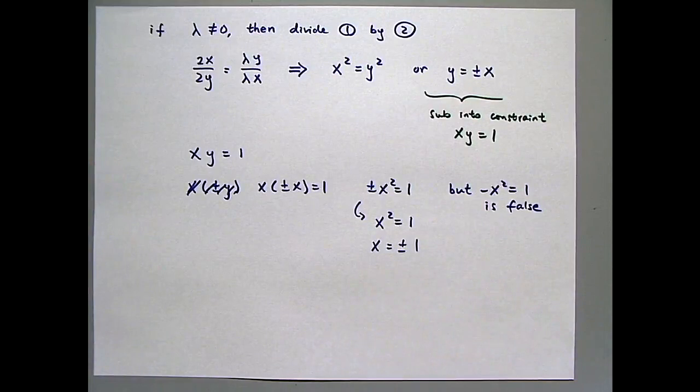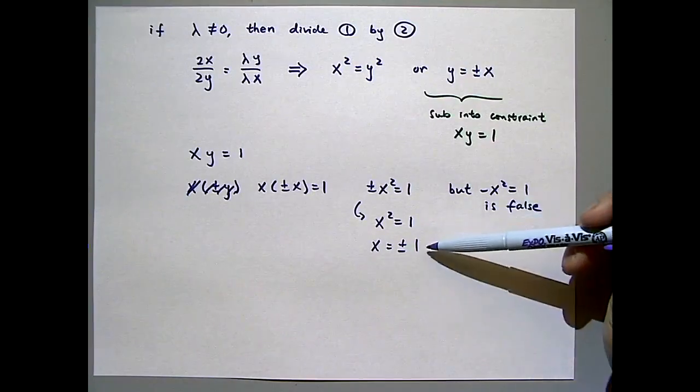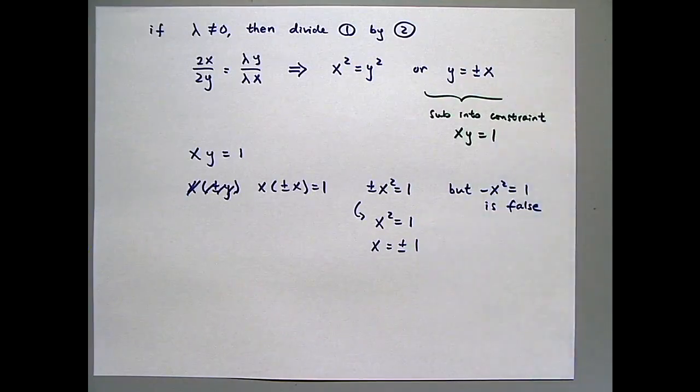All right, so we found the x locations where the maximum and minimum can occur. Now we've got to collect the y values. So, how many points do we have here? Knowing x is plus or minus 1 and y is plus or minus x, how many points are we going to be looking at? Two or 4?